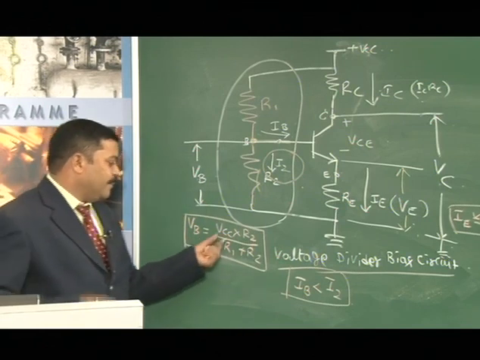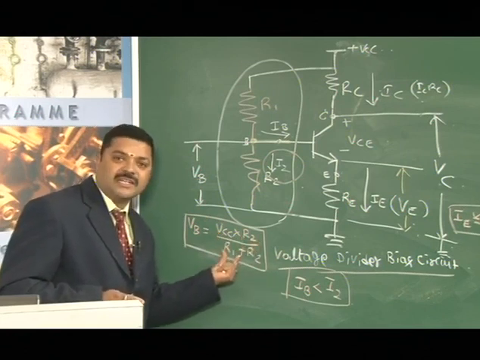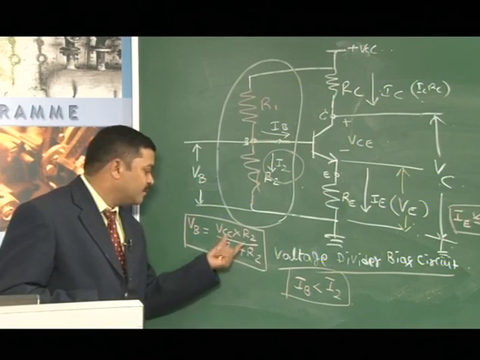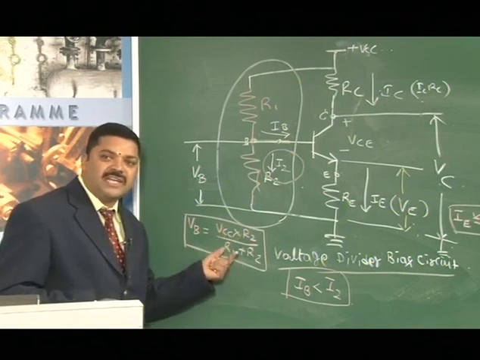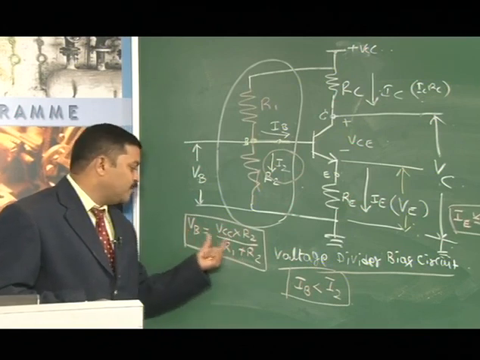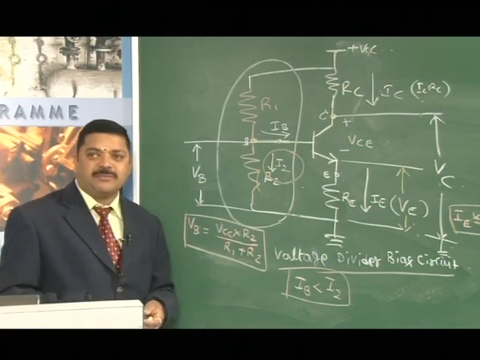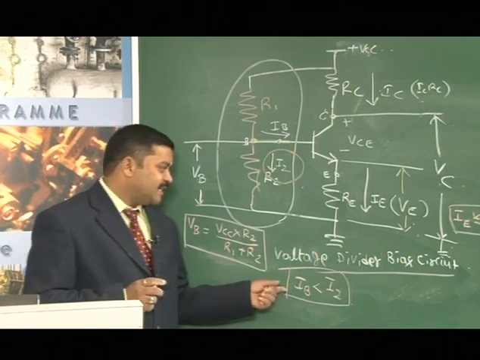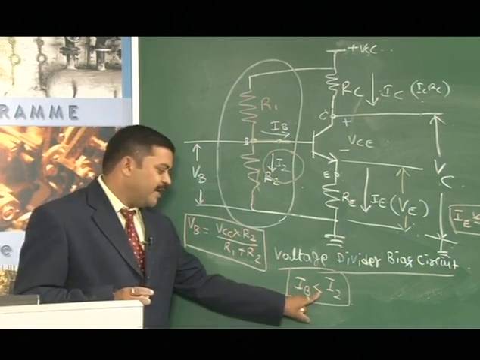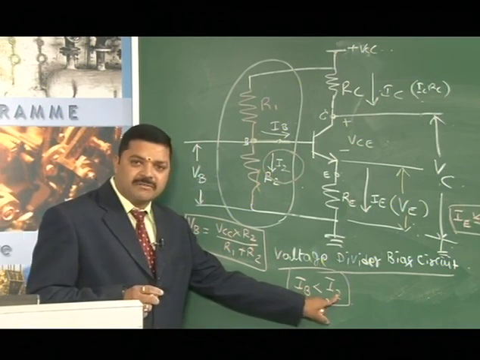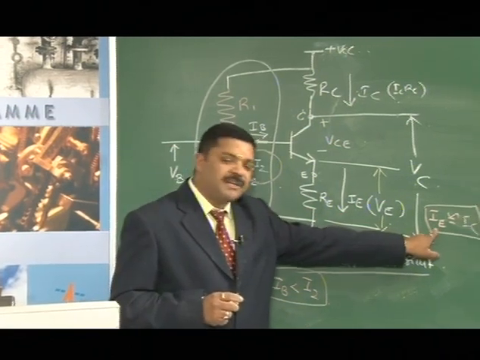Why do we have to assume? VCC is constant, R2, R1 both are constants, fixed values. So when you divide any fixed value by any other fixed value, it is only a constant. So VB is assumed to be constant in the approximate analysis. The 3 points you must remember here in approximate analysis: the base current IB is assumed to be very small when compared to the voltage divider network current, and IE is approximated to IC.